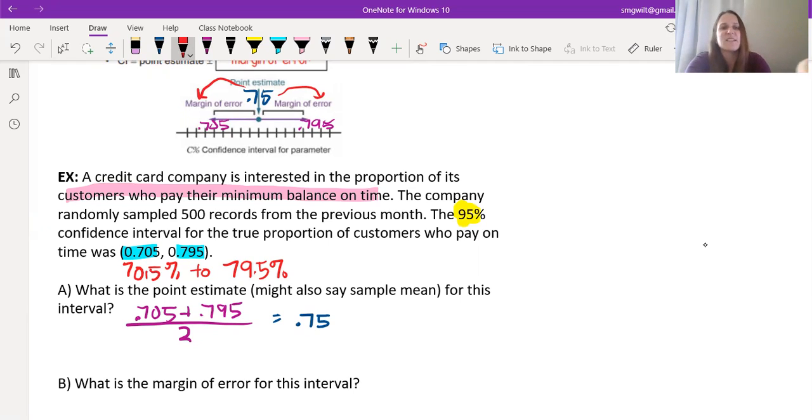And so if I do 0.795 minus 0.75, or if I subtract 0.75 minus 0.705, that'll give me that margin of error. I always want to subtract the smaller number from the larger number. Remember, margin of error is a distance, so it should be positive. So if you subtract backwards and you get a negative number, that's okay. You can just make that positive. So just remember that margin of error is always positive.